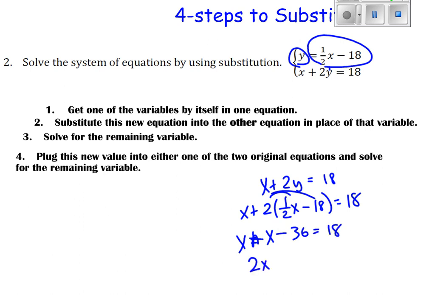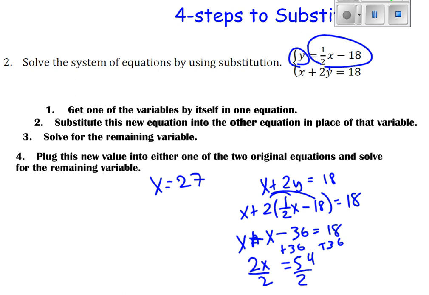So this is going to be 2x. If I add 36 to both sides, I get 54. So a little division there, and x should equal 26. No, I'm sorry, 27. So x should equal 27.